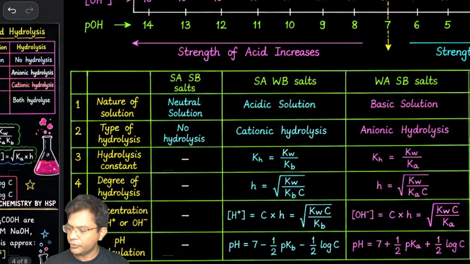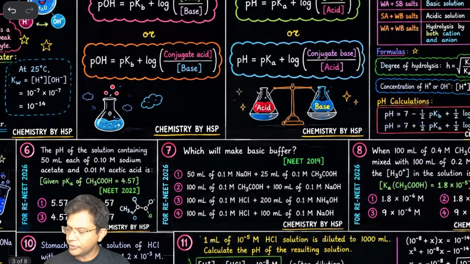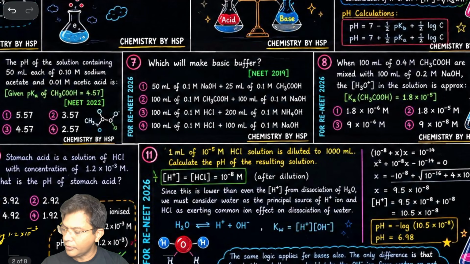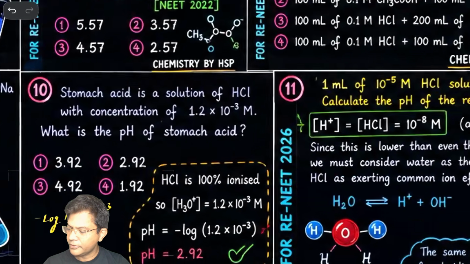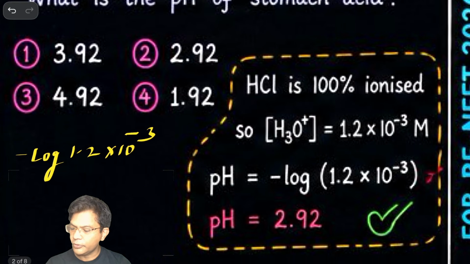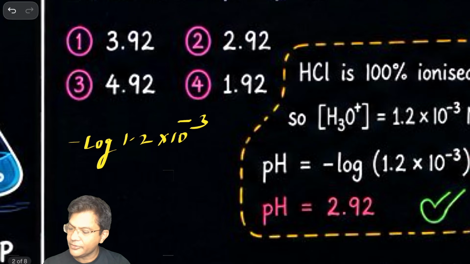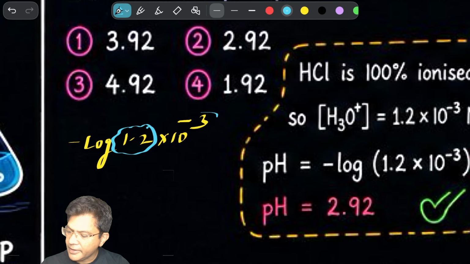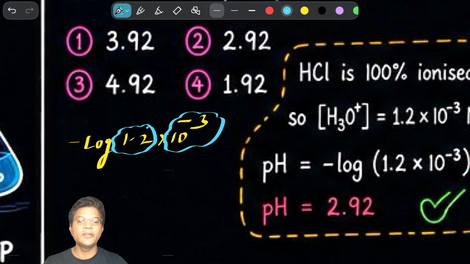Let's go back to solve that question. So our question was this one: 1.2 into 10 raised to the power minus 3. Can I say like this, one is x and one is y?